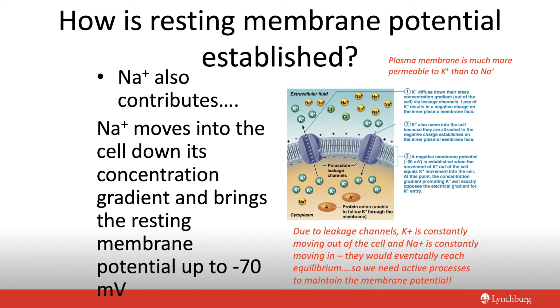At a voltage of -90, these two gradients are equal. Now, we also throw in a little sodium, because sodium plays a role too. Sodium is in higher concentration extracellularly, outside the cell, but it also has sodium leakage channels. So sodium is going to want to diffuse into the cell. I know this picture is showing potassium, but let's just pretend that this is a sodium leakage channel.